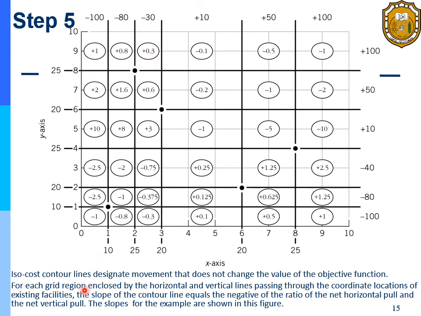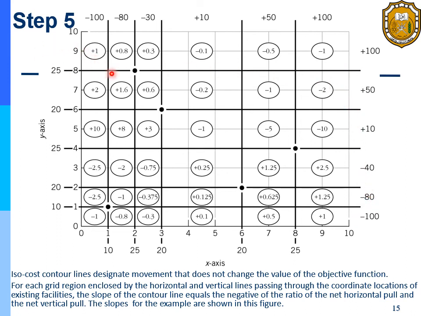At each rectangular shape, we have an associated pull to the right or left here, and up or down here. The net pull values to the right or left are given at the top, and up or down are given at the right of this one.